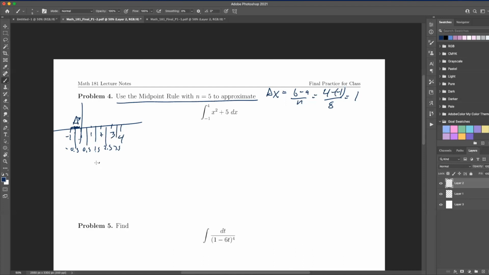And so I'm going to write this is approximately equal to delta x times f of negative 0.5 plus f of 0.5 plus f of 1.5 plus f of 2.5 plus f of 3.5.